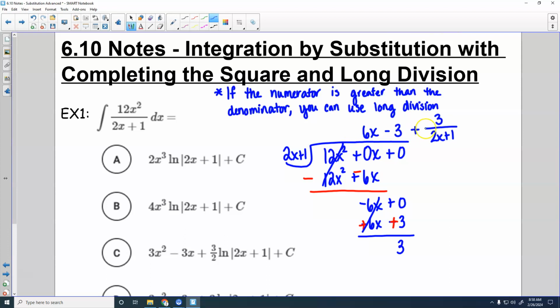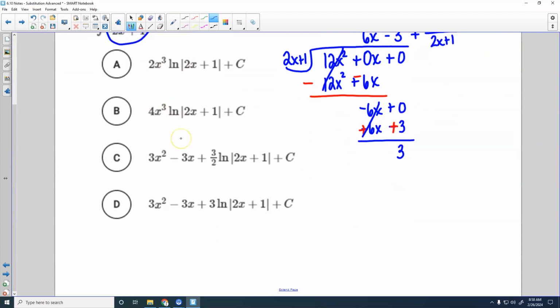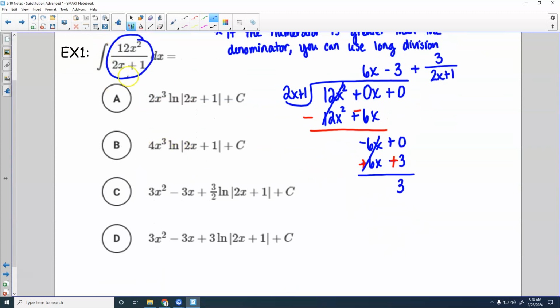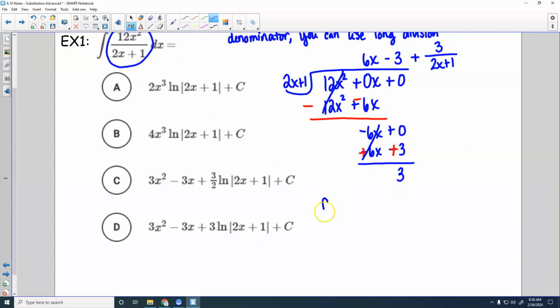All right. So when we do this, we've not integrated at all. We're rewriting this original expression so that we can integrate. So now what we're going to have is rather than integrating this, we will be integrating 6x minus 3 plus 3 over 2x plus 1.